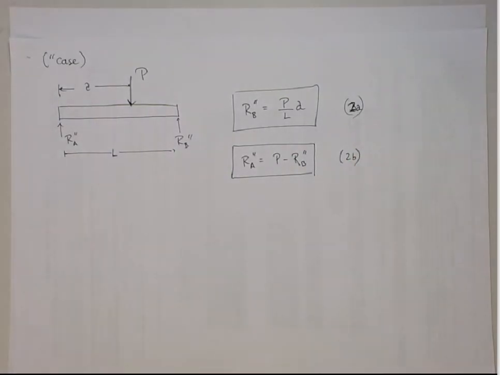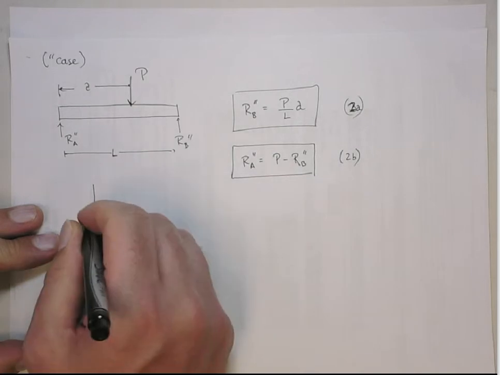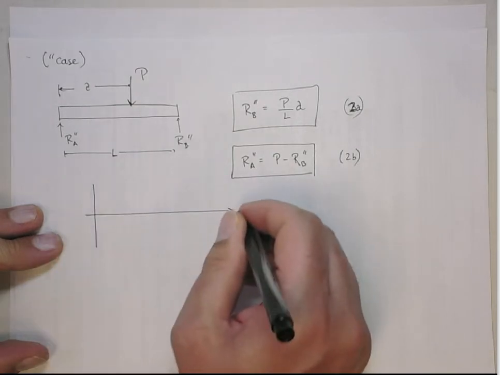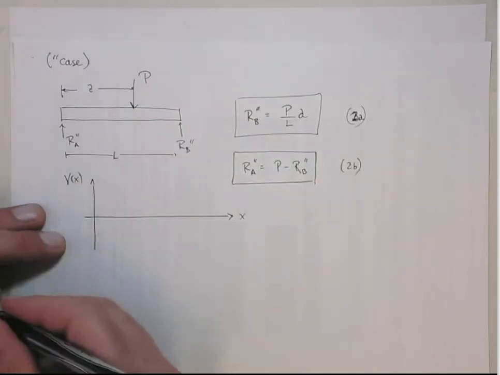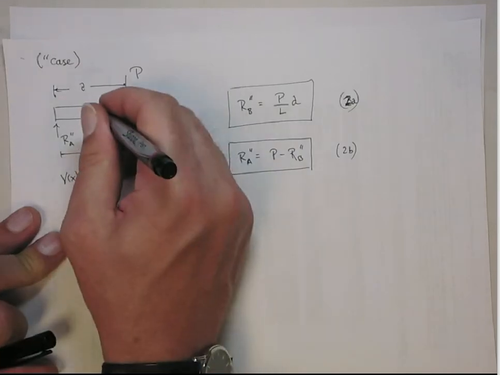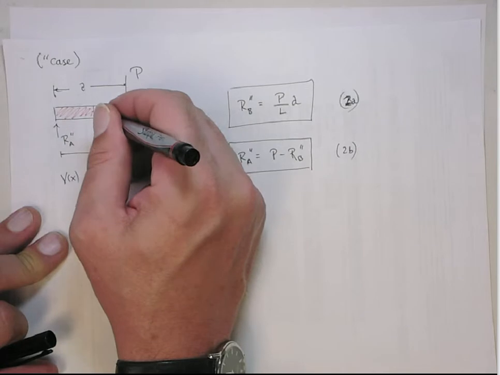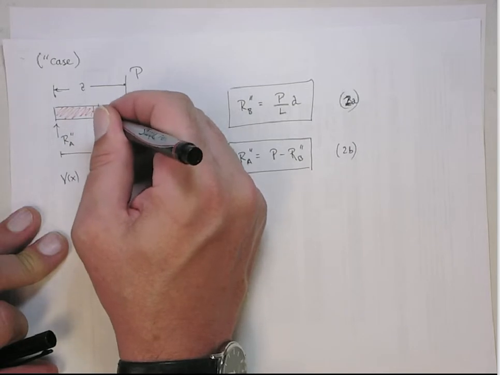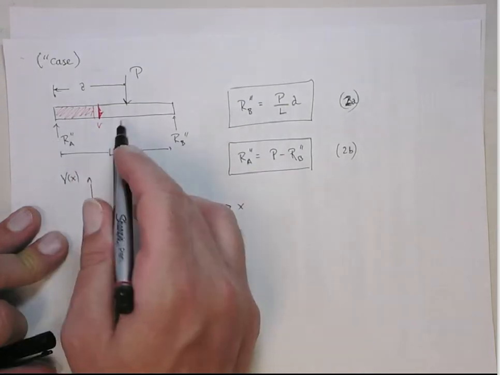Okay, what does this shear diagram look like? Well, this one's simple as well. This one's kind of obvious. Here's X. Here's V of X. So if we look at the point from A to P, right?